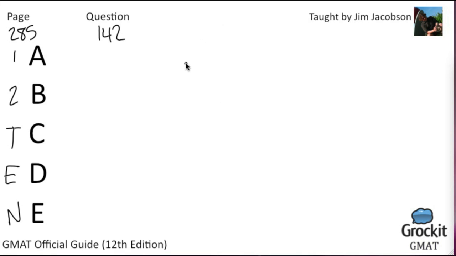What amount did Jean earn from the commission on her sales in the first half of 1988? First half of 1988. That's kind of a while ago. In order to solve for this, it is always a good idea to get a rough idea of what type of information in the statements would give you sufficiency.